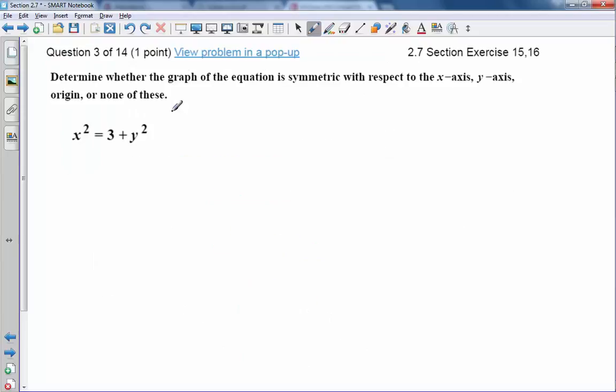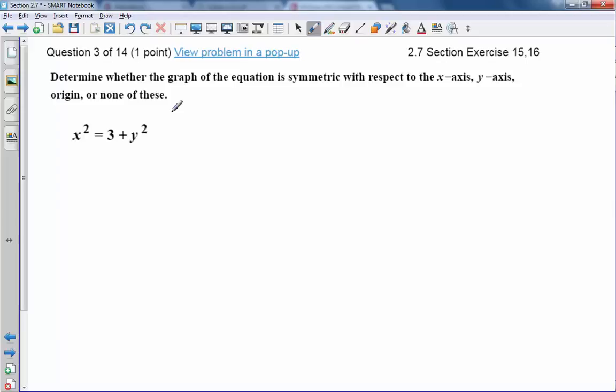Next. How about now? What is the difference? Y still has a square and a number, and this time x as well has a square. Yeah, anyone? Origin. It has origin symmetry.